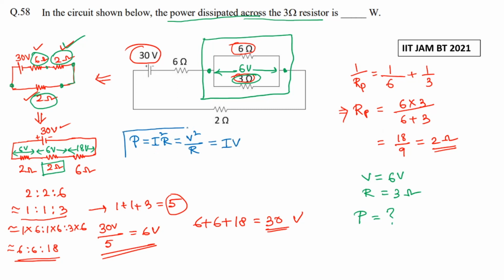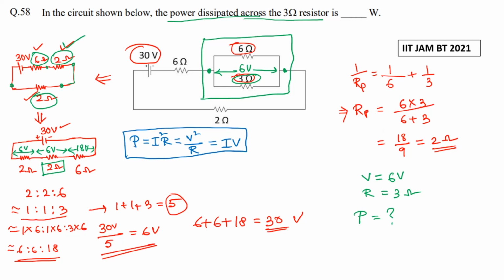This was the formula for power dissipation across any resistor. Now how does it come? It comes due to the heat generated due to the flow of current through a resistor.